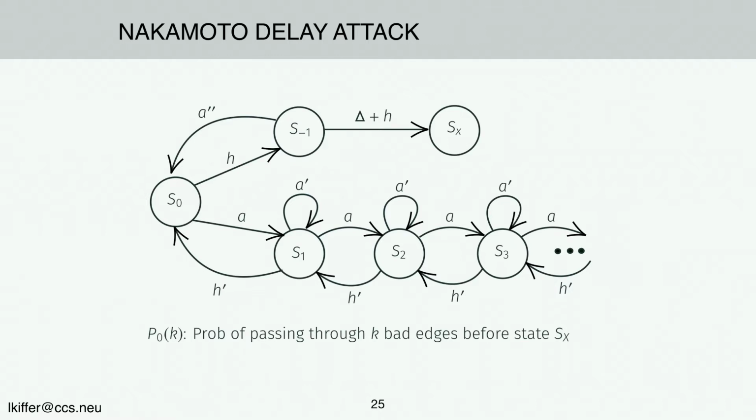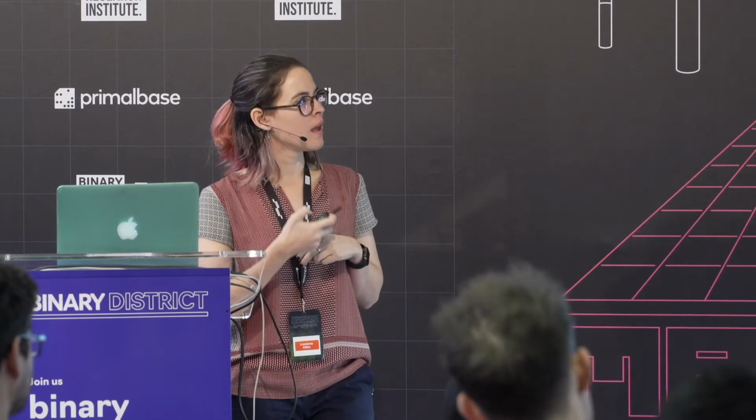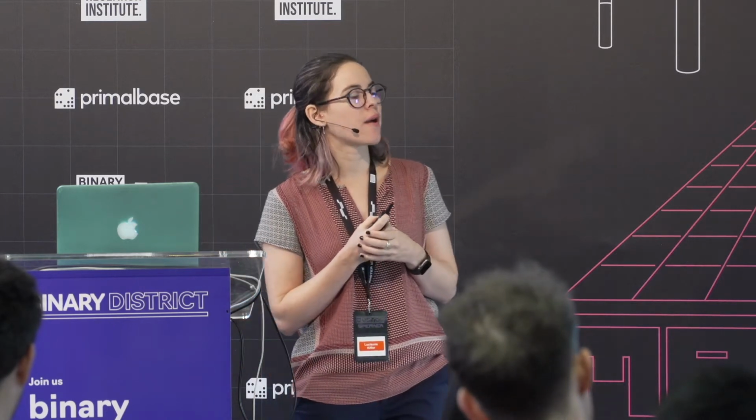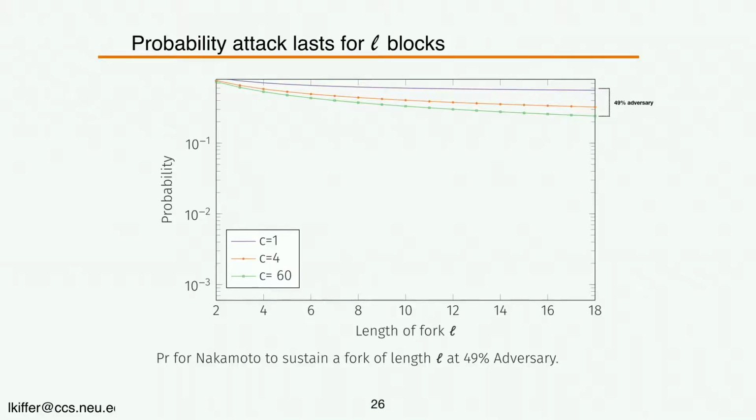So say S0, both chains are of equal length. And then say S1, S2, S3, that means the adversary's chain is up by 1, 2, or 3 blocks. While in the other direction, it means the honest chain is growing faster. And here when I say honest chain, I mean any longest possible honest chain. And so from this, we can calculate the probability that the attack lasts for some given number of forks.